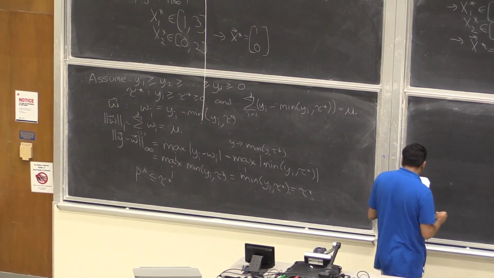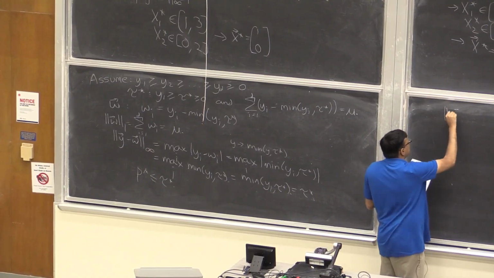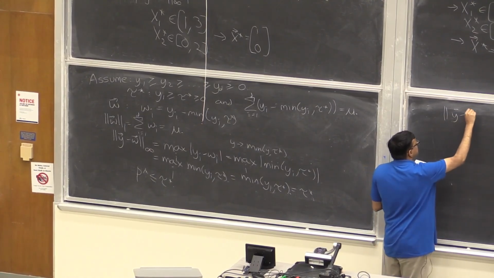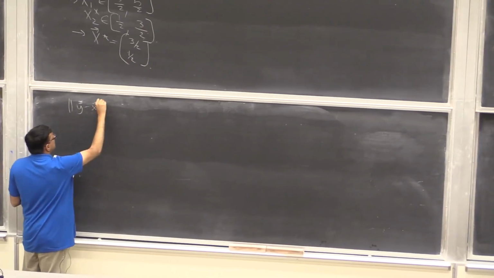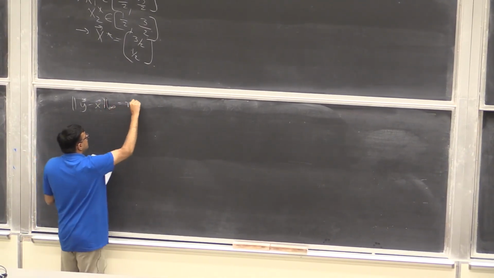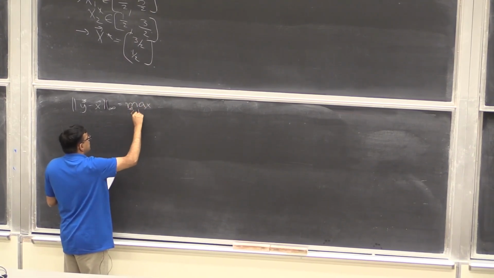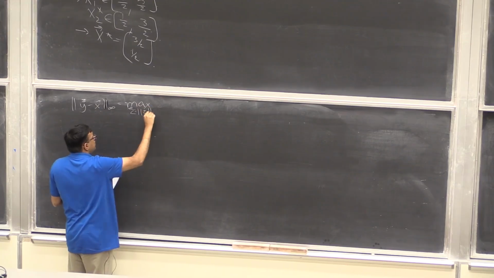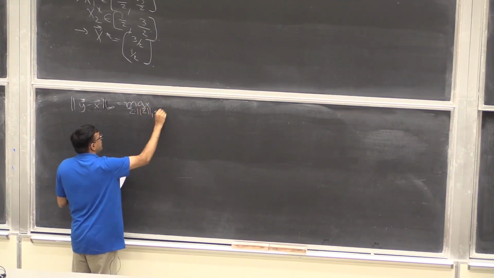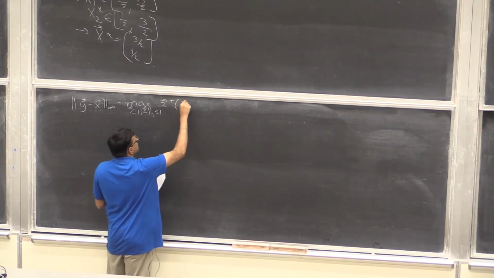I mean that you can write this objective, the infinity norm of y minus x, as equal to the max over z such that the one norm of z is less than or equal to 1 of z transpose (y minus x).